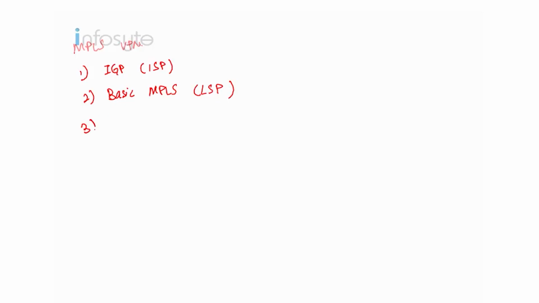Number 3, we need to form the MP-BGP. Number 4, we need to create all the VRFs, including a route distinguisher and the VPN target.